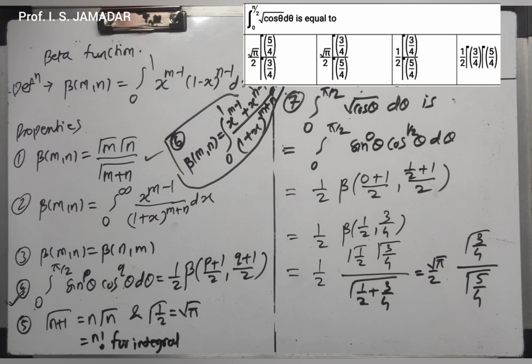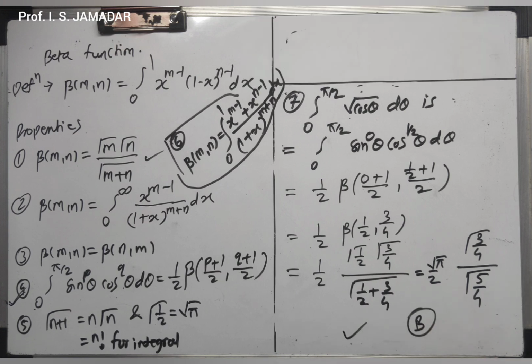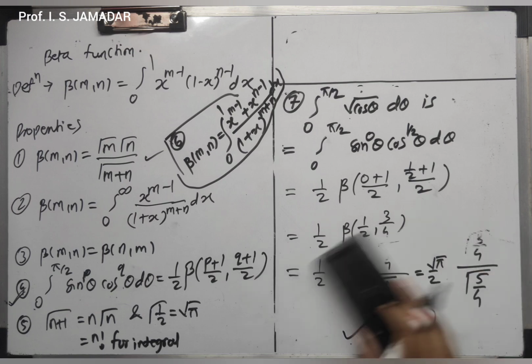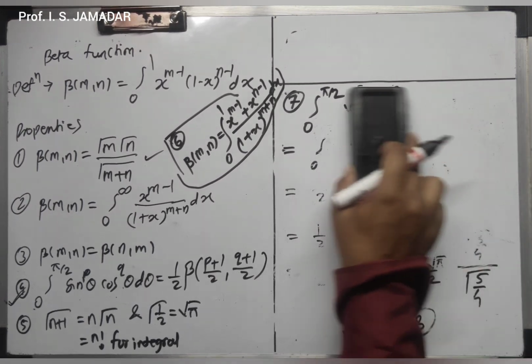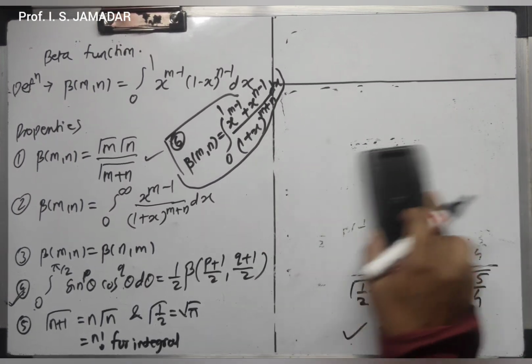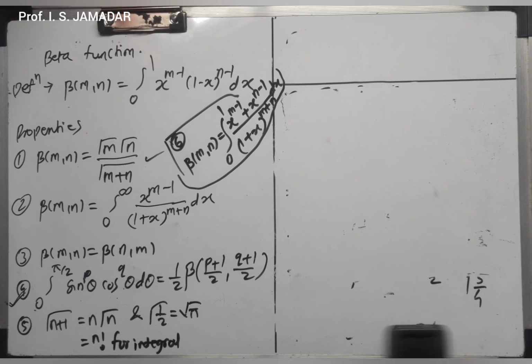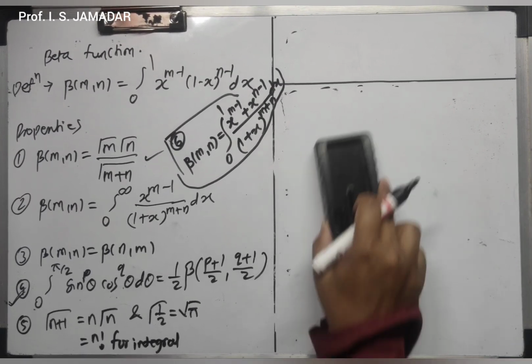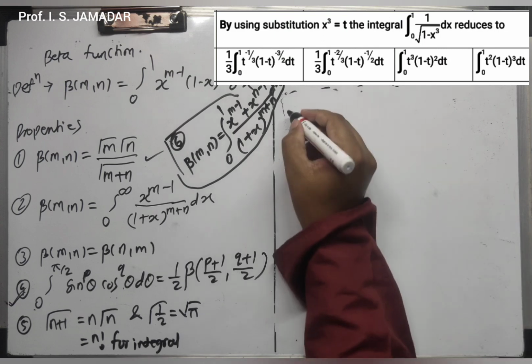Second is root pi by 2, gamma 3 by 4 by gamma 5 by 4, so option B is the answer. Okay, so this is question number 7. Next, go for question number 8. Question number 8. So what is question 8?